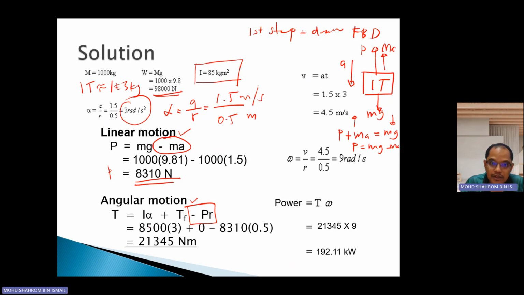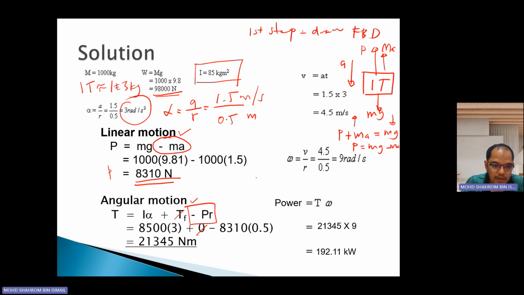So from this case, you insert: I, you already know, is 85 kilogram meter squared, multiplied with 3, which is the angular acceleration, plus torque friction, of course 0, and then minus PR, or the rope resistance.